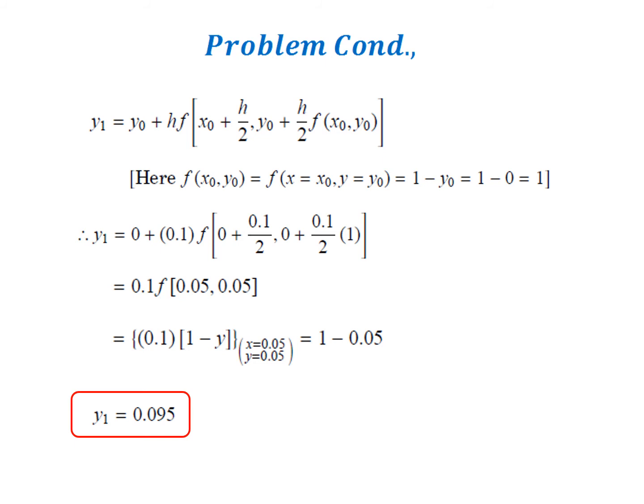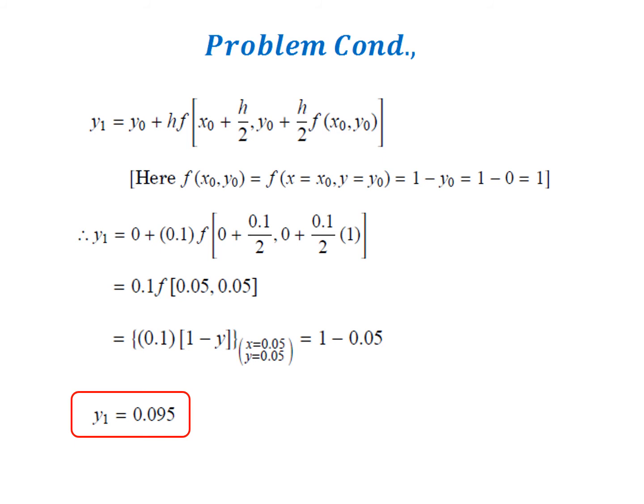Here there is no x, so I just replace y = 0.05, because the given f(x, y) is 1 - y. After replacing it, this function value is 0.95, because 1 - 0.05 is 0.95.